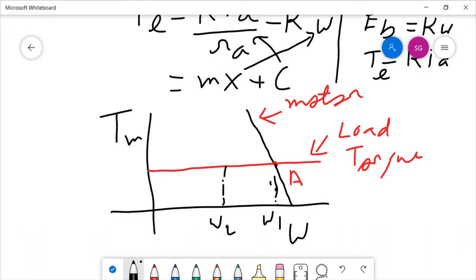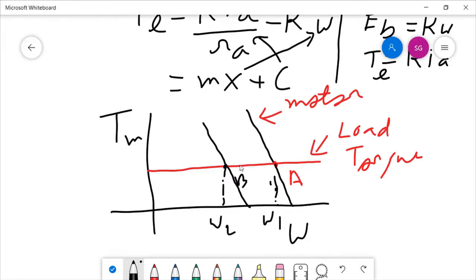So what we need to do is move the characteristic of this DC motor such that the new motor characteristic will intersect the operating point where the load needs to be operated. It will be like this. This is the shifted DC motor characteristic.